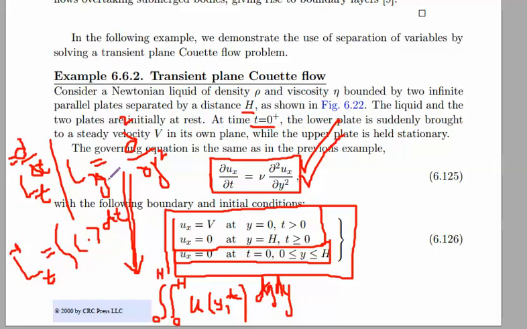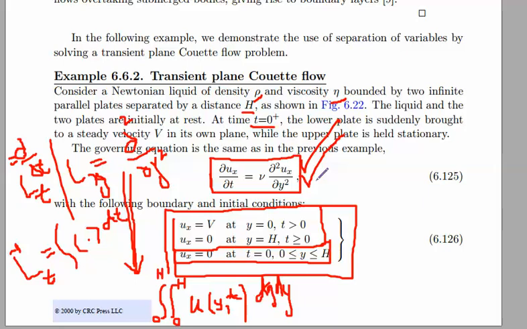So first of all, we rewrite this heat equation in operator form: L of t of u of x, y, t equals nu, a constant with value rho by eta. I think this nu is the ratio of density and viscosity. And this is L of x, u of y, t.